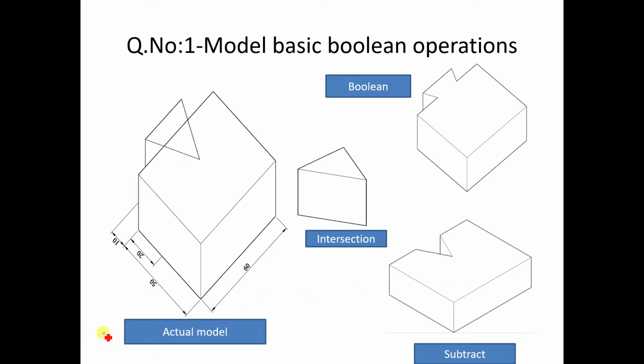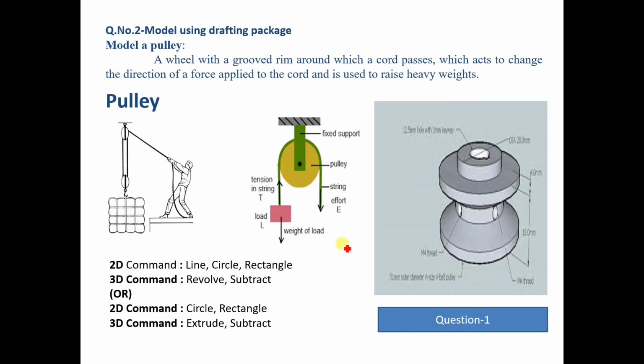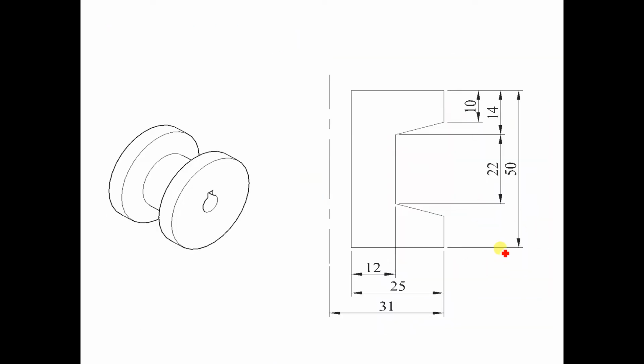This one is the subtract feature, the boolean operations. Next, the second one is the pulley. We can create this pulley using two methods. One is using revolve and subtract, where we subtract to make the holes, or we can create it using the revolve command alone. Another way is using extrude. The simplest way is revolve, it is easy.